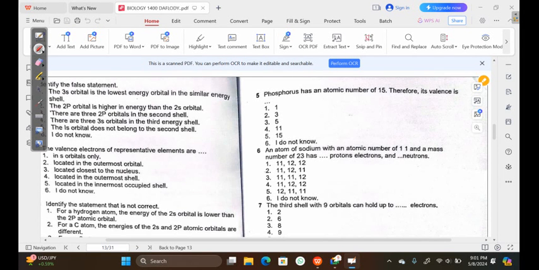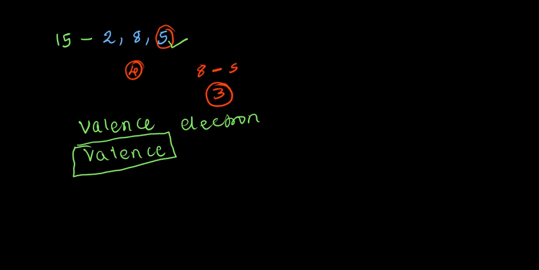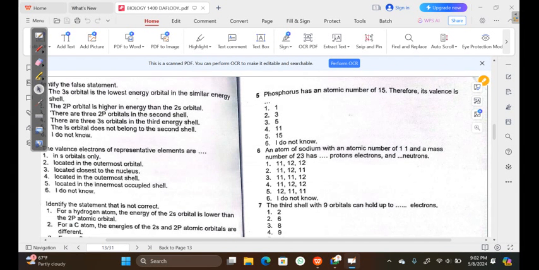Question 6. An atom of sodium with the atomic number of 11 and the mass number of 23 has dash protons, electrons, and neutrons. So they want the number of protons, electrons, and neutrons.